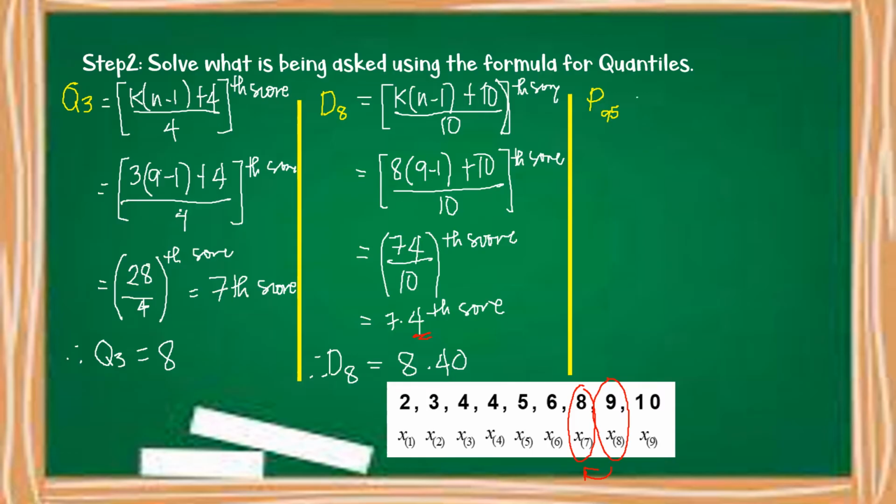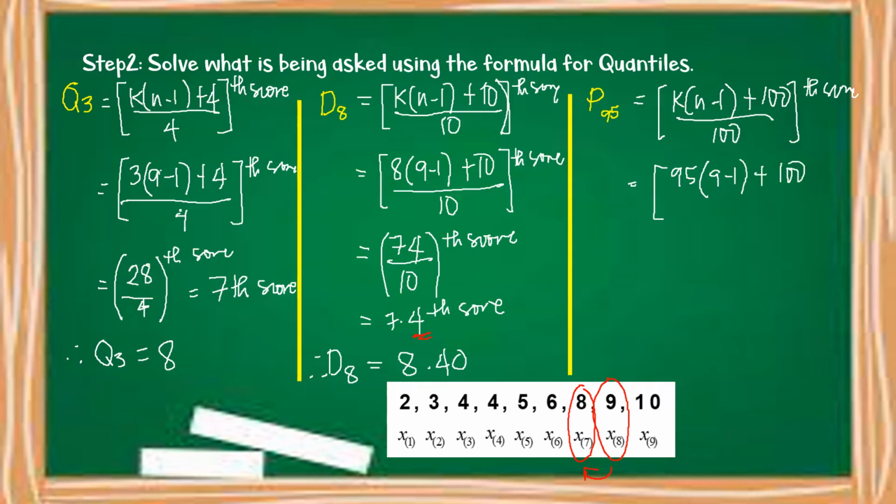Last is the 95th percentile. Same procedure, right? The formula, this time it's plus 100, and then substitute. So we have 95th, 9 minus 1 plus 100. So we have 9 minus 1 is 8, right?